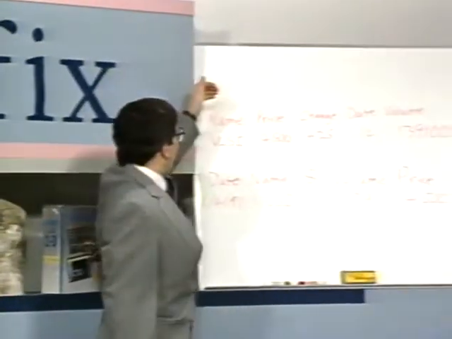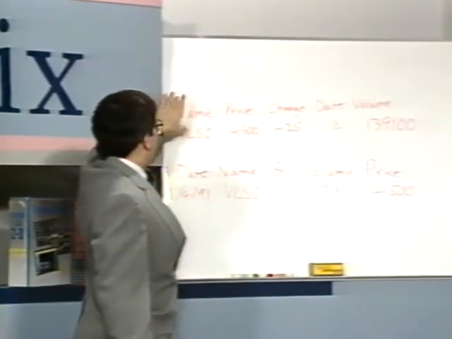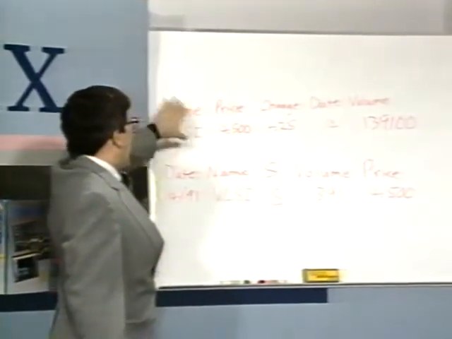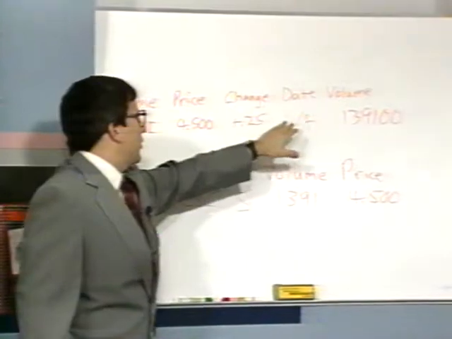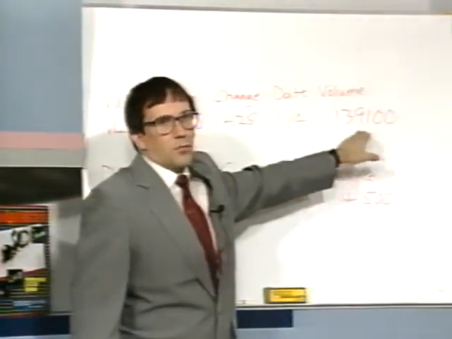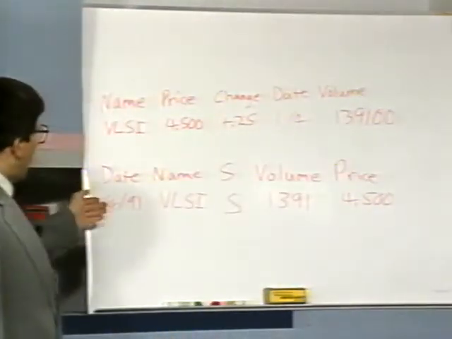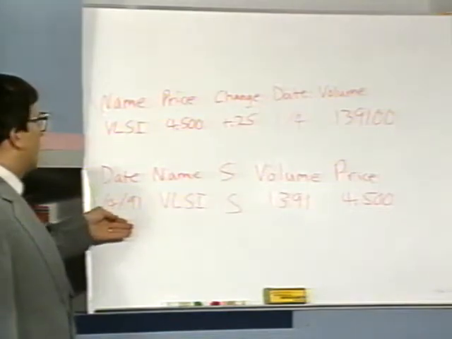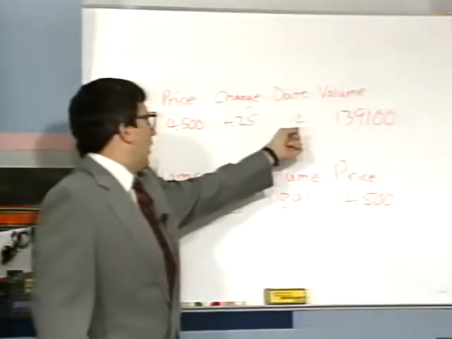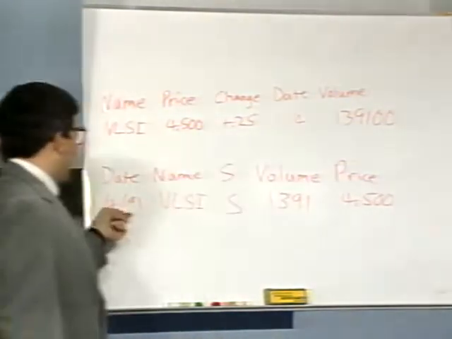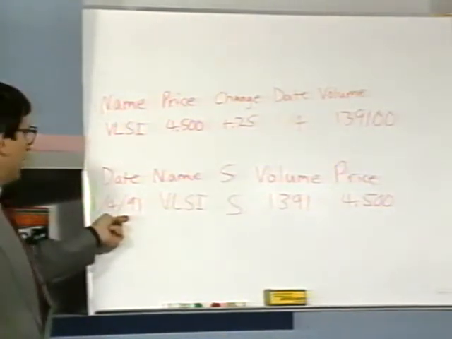Here are the file formats. The input file has a stock name, price, change, the date, and the volume. The output file should have the date first, and the date on the input file doesn't have the year. We need to add the year to this date.